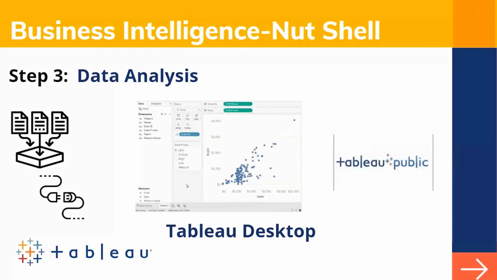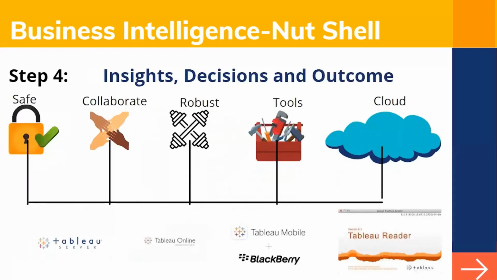Okay, then the next step: once you have performed an analysis, you want to gain some insight, then from the insight you want to take some decision, and also verify the outcome. In this process, there are so many things involved.